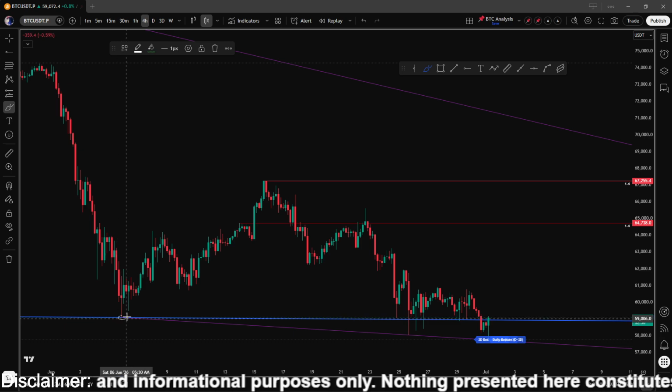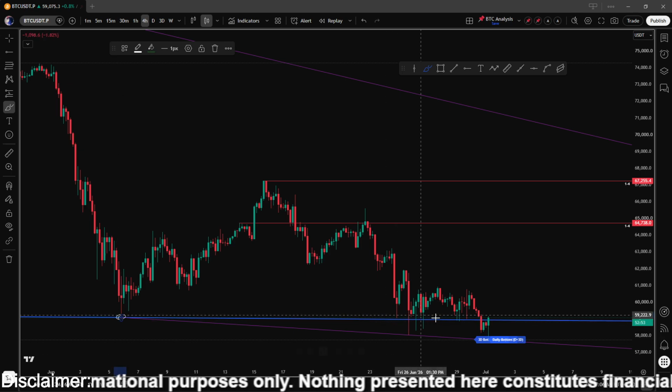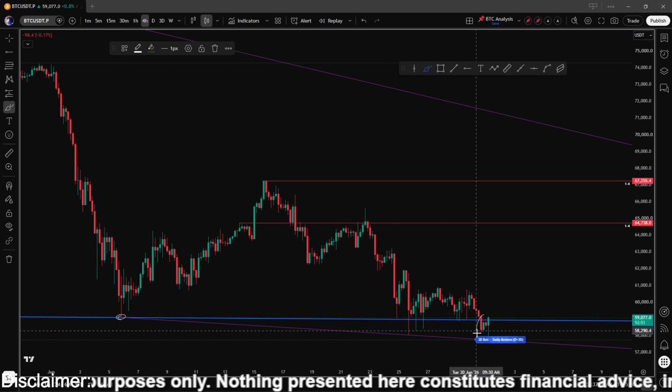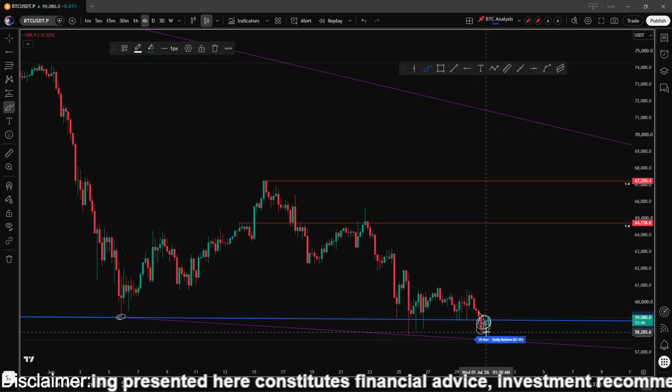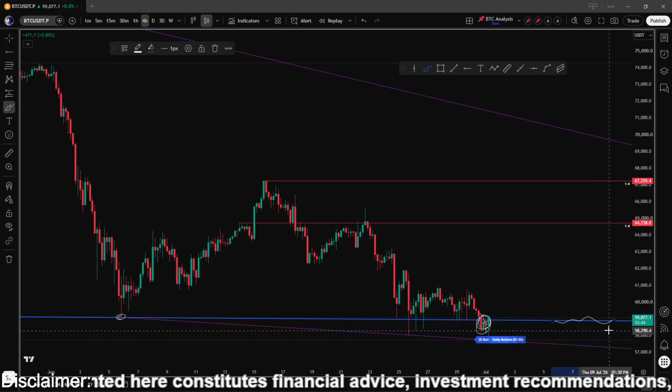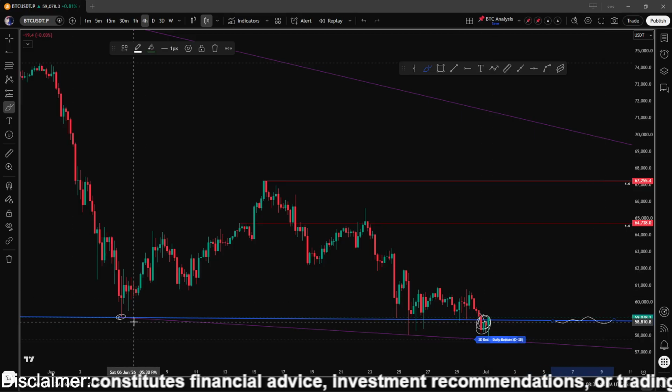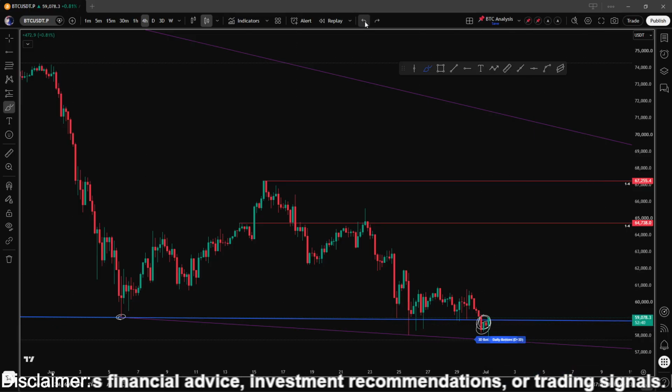price is trying to stay above this level here, and only in this specific price level have we seen the price dip below this previous outline level.